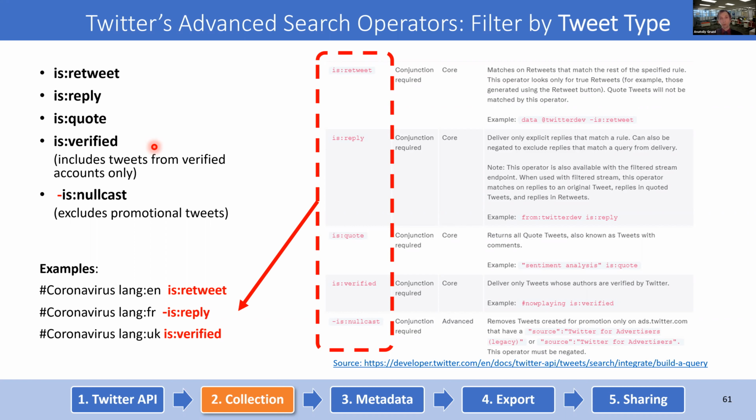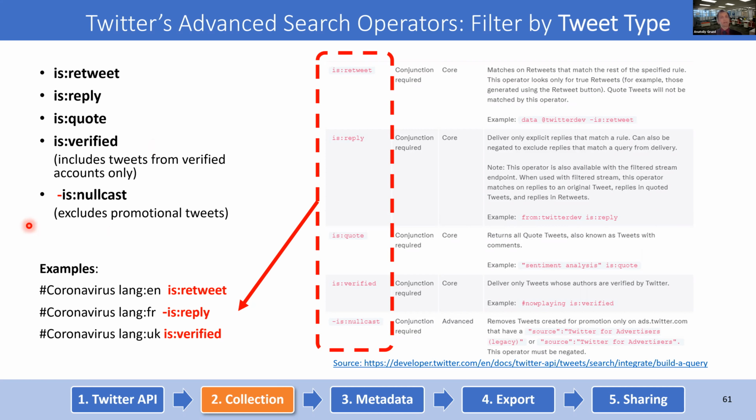We also know Twitter has been redeveloping this verification process and expanding it to allow more people to be verified. So depending on when you search using this operator, either today or 6 months from now, your results might be somewhat different.